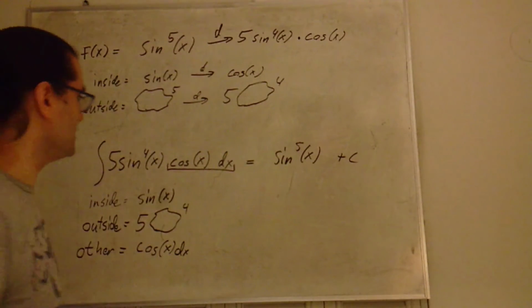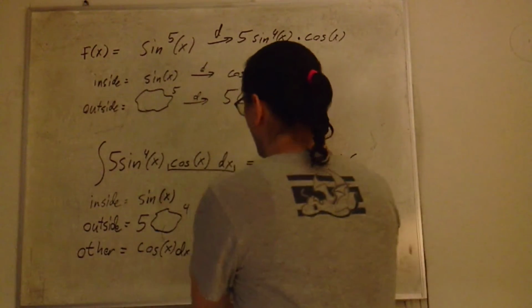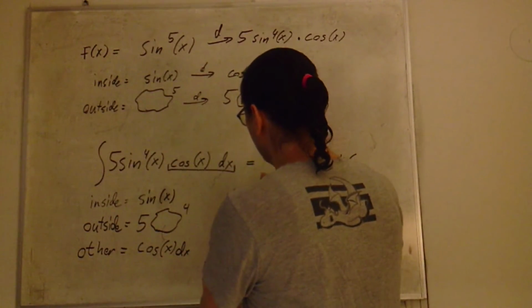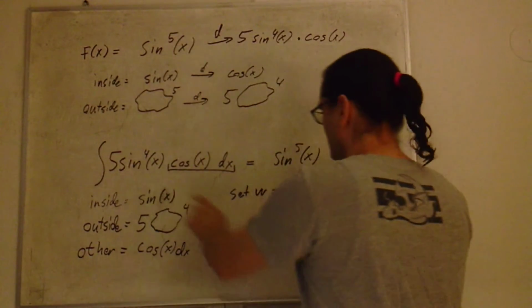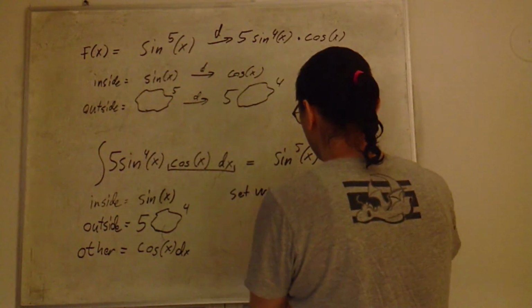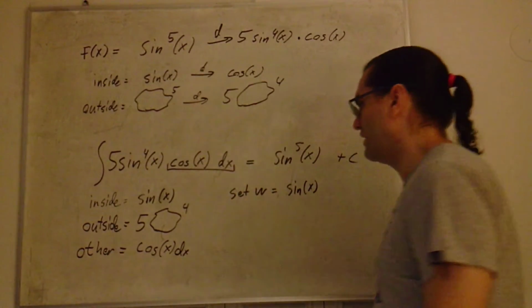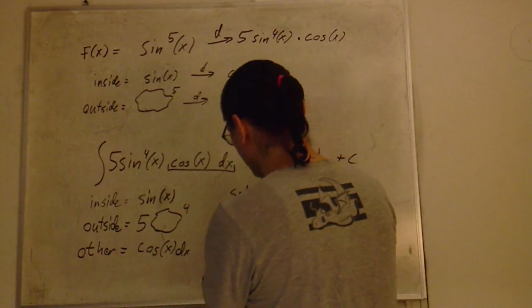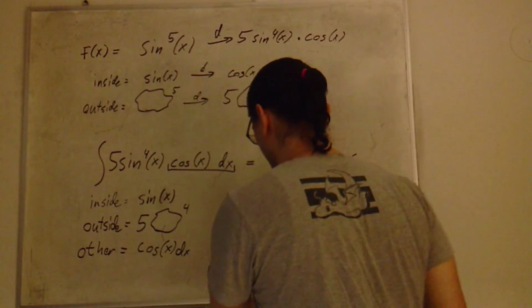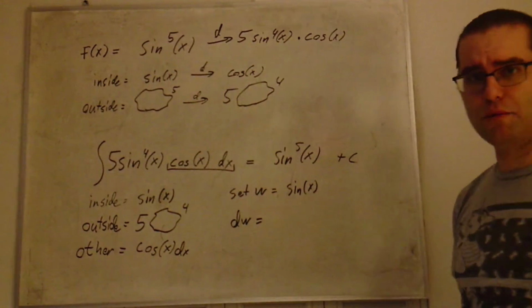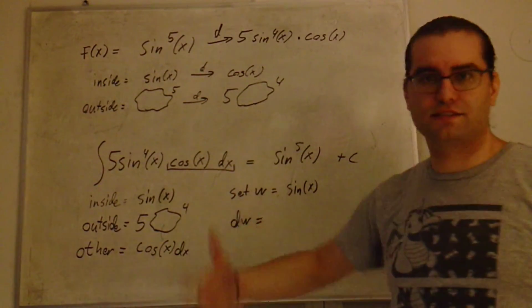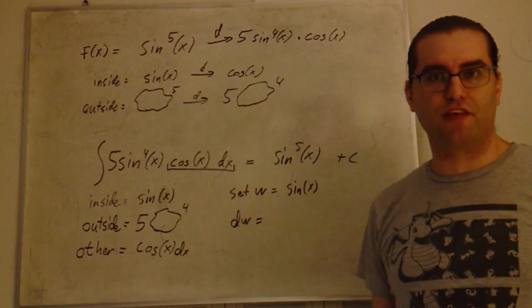So to proceed, we're going to set w equal to the inside. We're going to set w equal to the sine of x. And then we're going to find dw. Remember from Calc 1 that d something means the derivative of that thing.